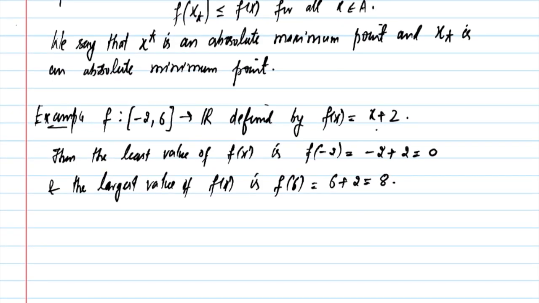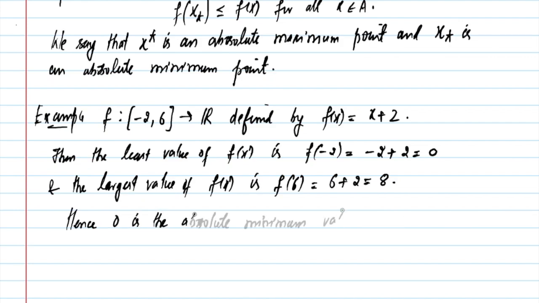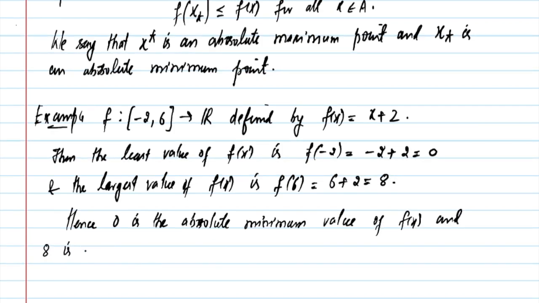We can clearly see that the function x plus 2 is an increasing function. So as the value of x increases, the value of x plus 2 increases. Therefore the smallest value will be obtained at -2, and the largest value of this function will be obtained at 6. So hence 0 is the absolute minimum value of f of x, and 8 is the absolute maximum value of f of x.